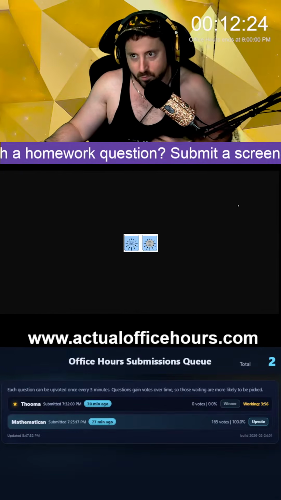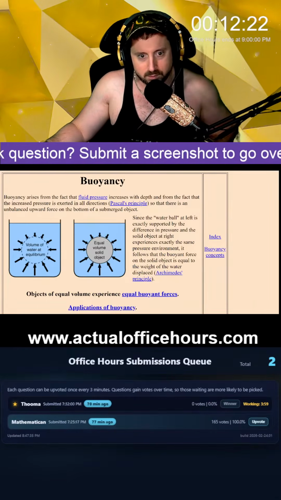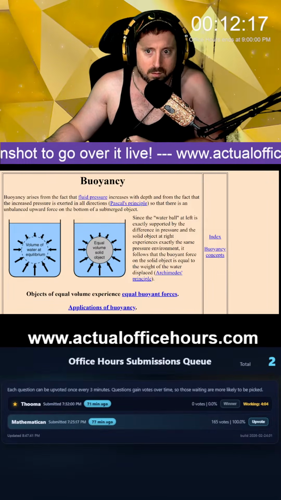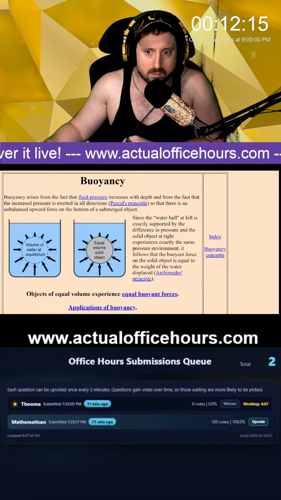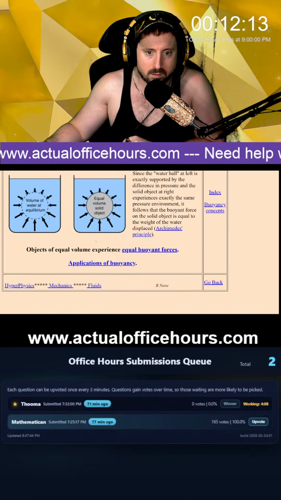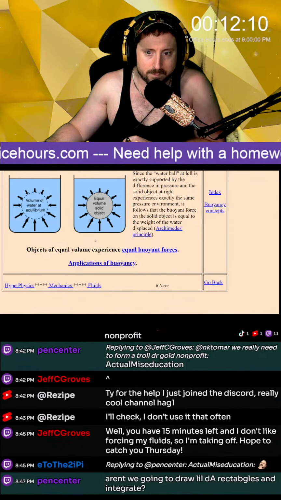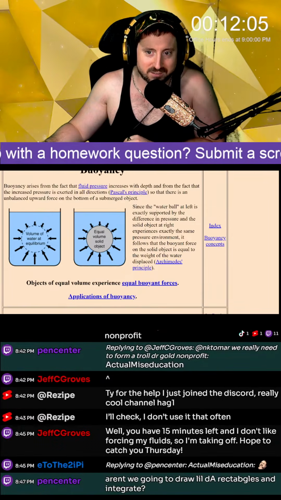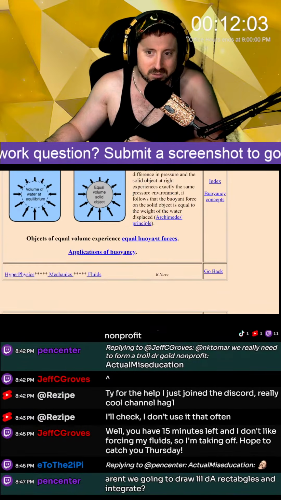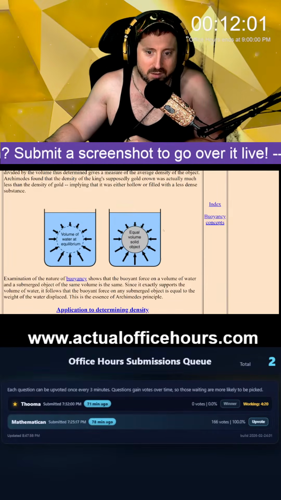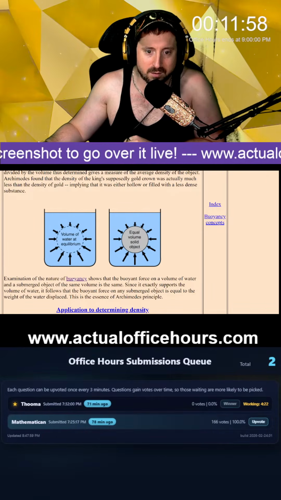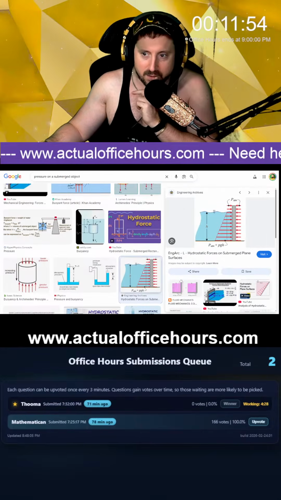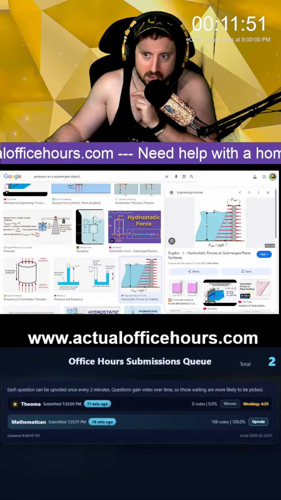Let me go to HyperPhysics. HyperPhysics is great. Aren't we going to draw little dA rectangles and integrate? Probably. I thought I remembered that it cancels out on the left and the right. This is the other one you kind of see.